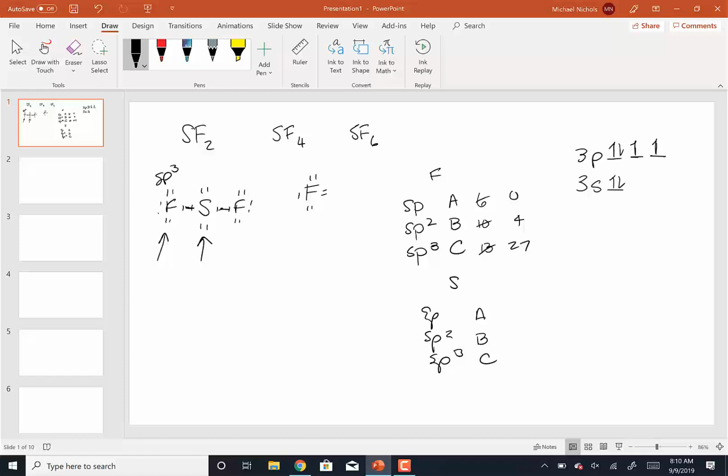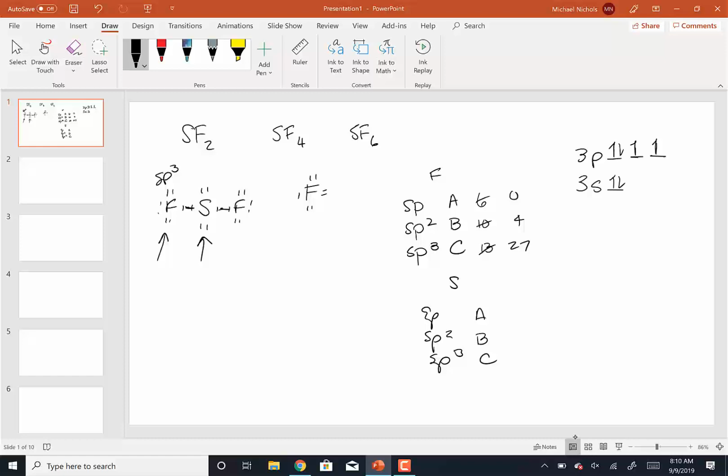Now, let's do the same thing for the sulfur. So what would be the hybridization of the sulfur in SF2? A, sp, B, sp2, C, sp3. So what would be its hybridization? They're right below.